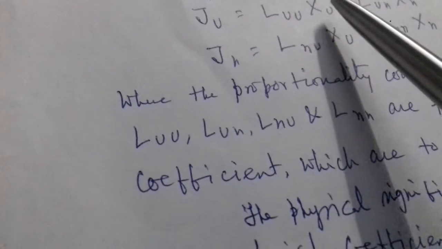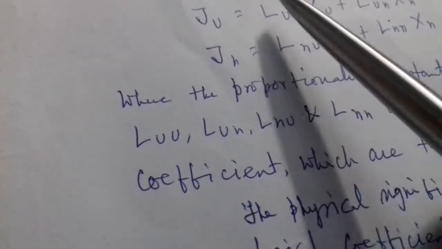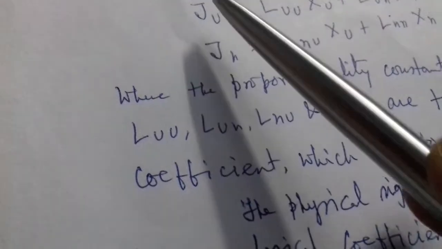So they are the phenomenological coefficients which connect a flux with its own force, and these are off diagonal phenomenological coefficients. They connect a flux with some other force. Okay, so be careful about the terms diagonal phenomenological coefficients and off diagonal phenomenological coefficients.